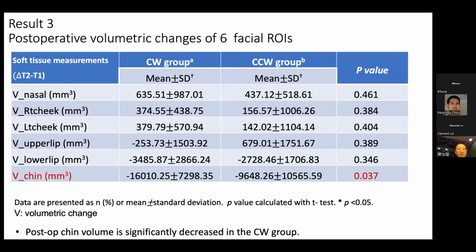Then we'll go see the volumetric changes of these 6 facial regions of interest. From these volumetric changes, we found that only the chin volume significantly decreased in the clockwise group compared with the counterclockwise group.